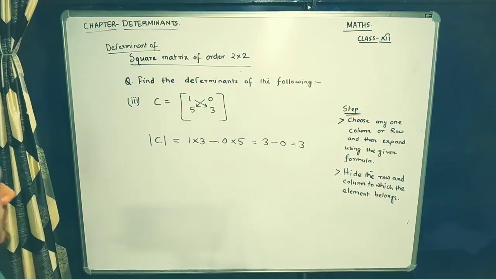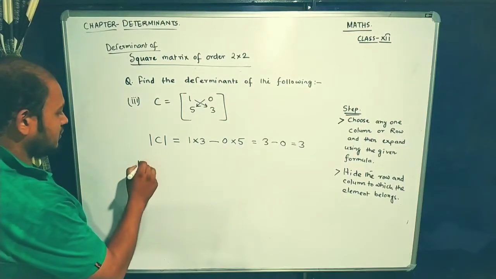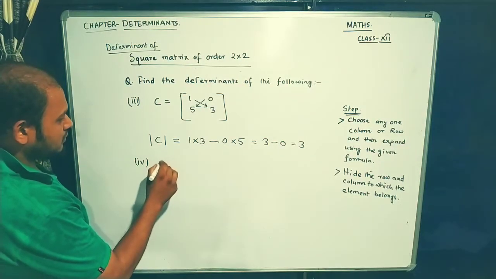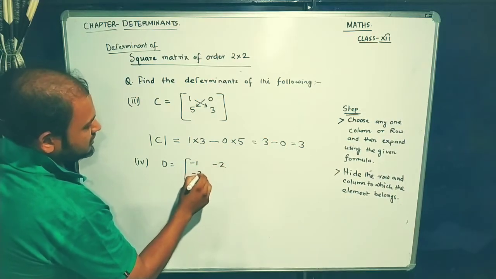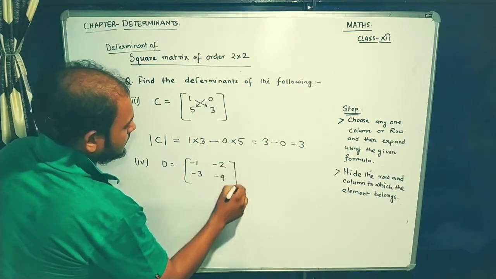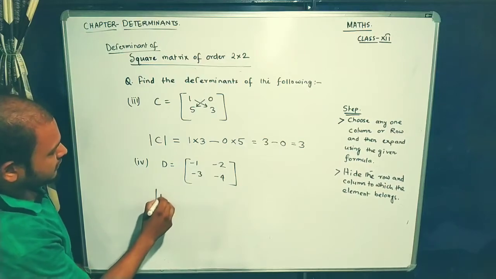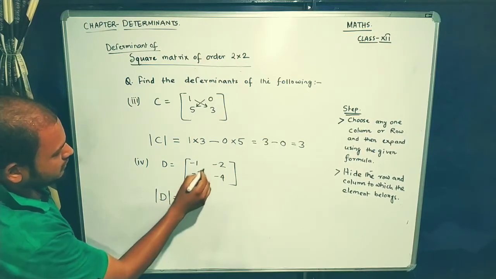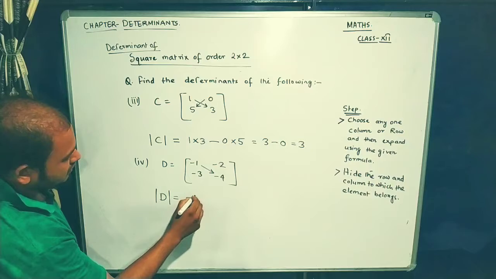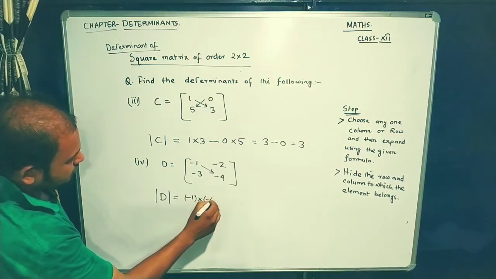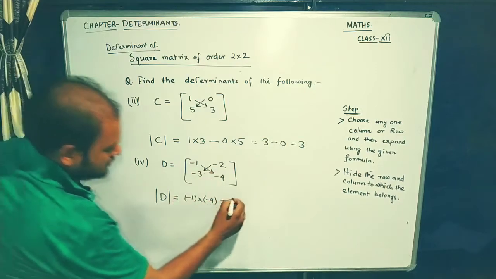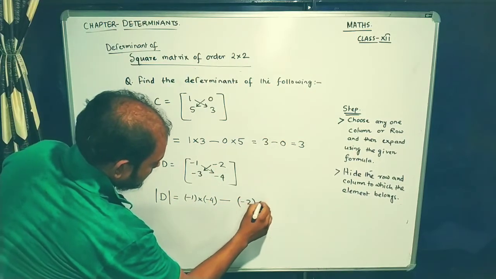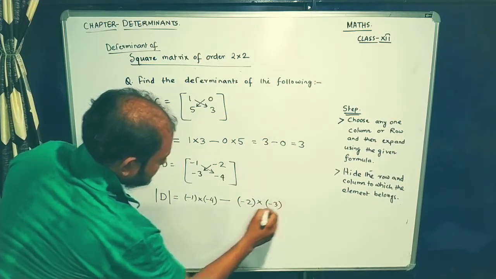Fine. Let us have another example. It is very easy. D is equal to minus 1 minus 2 minus 3 minus 4. So what will be the determinant of D? Determinant of D will be this into this, that means minus 1 into minus 4 minus this into this, minus 2 into minus 3.